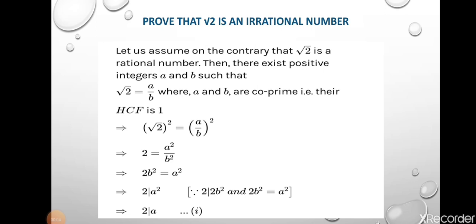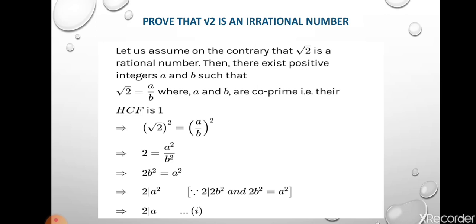So if root 2 is a rational number, there exist two positive integers a and b such that root 2 is equal to a by b, where a by b is in its simplest form. That means the highest common factor between them is 1, so a and b are co-prime.